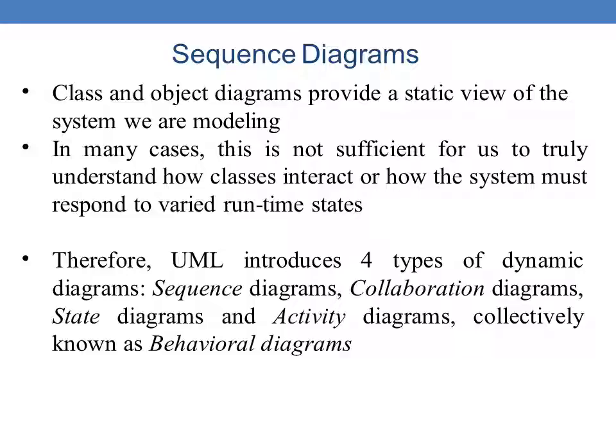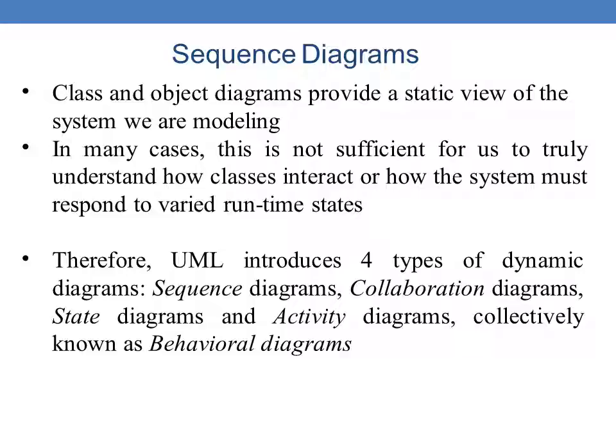So next one is the sequence diagram. Here is the same sequence diagram, and how they explain it through this diagram. The concept is that class and object diagrams provide a static view of the system we are modeling. In many cases this is not sufficient for us to truly understand how classes interact or how the system must respond to varied runtime states.